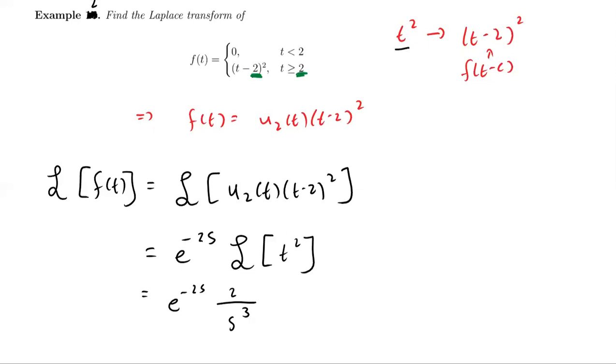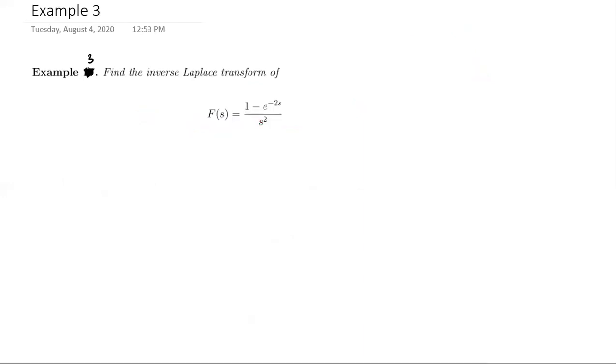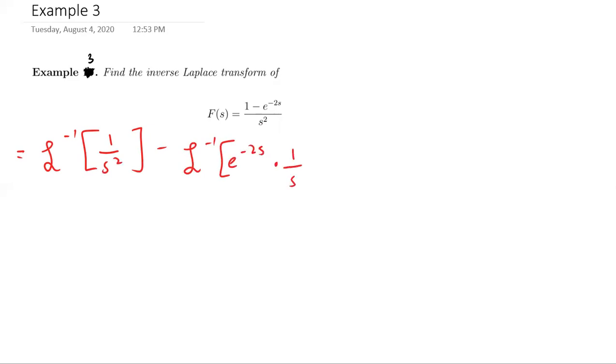Okay? Now, let's do an example of instead, given a function of s, trying to find the inverse Laplace transform. So find the inverse Laplace transform of 1 minus e to the negative 2s over s squared. First of all, we're going to use the linearity of the inverse Laplace transform. So this is going to be equal to the Laplace inverse of 1 over s squared minus the Laplace inverse of e to the negative 2s times 1 over s squared.